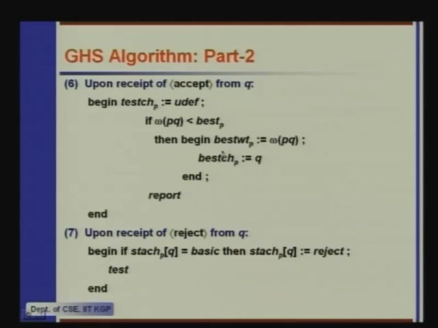So it sets best weight P to be equal to this WPQ. It sets best CHP to Q because it has got it from Q. And then it calls this report procedure. Remember that this report procedure was called earlier also. That is the one which is going to collect everything and pass it to the parent.